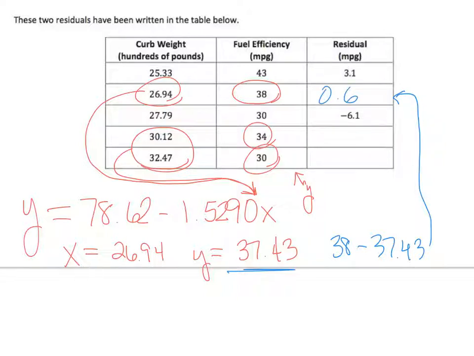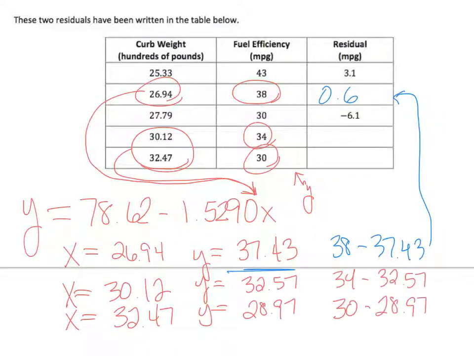Do that again for x equals 30.12 and x equals 32.47. You can calculate this on your own and follow along. All right, for x equals 30.12, did the calculations, got the predicted, did our subtraction there, and we get 1.4.